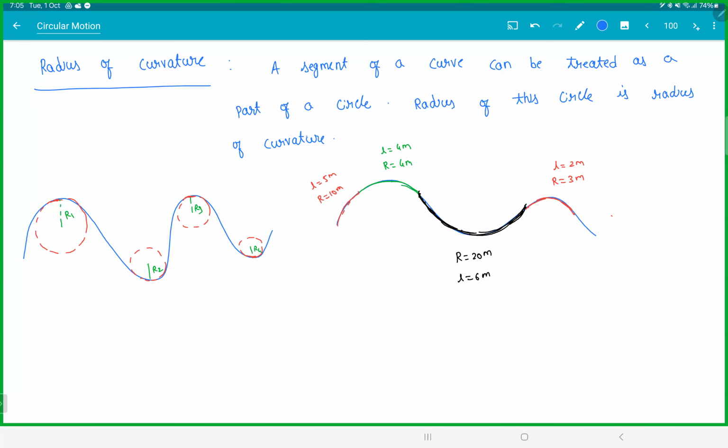So basically a curved part can be treated as an assembly of small arcs. And you can see here, sharp turns have small radius and large turns have big radius.